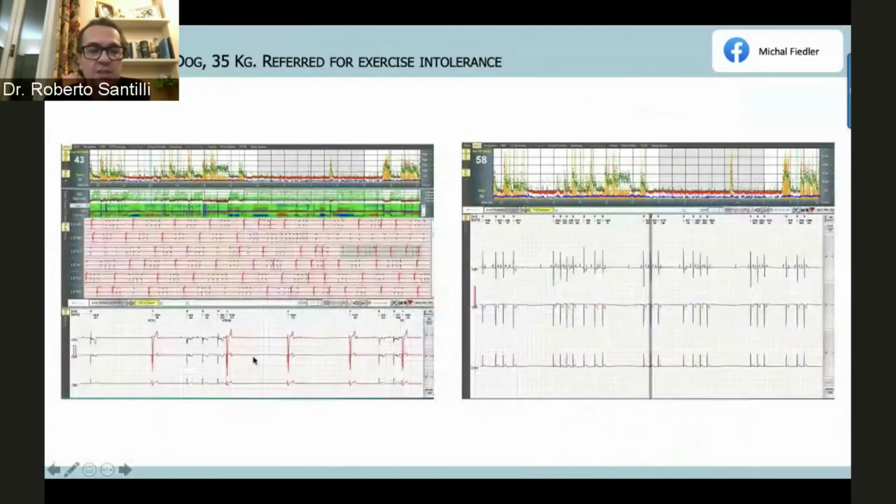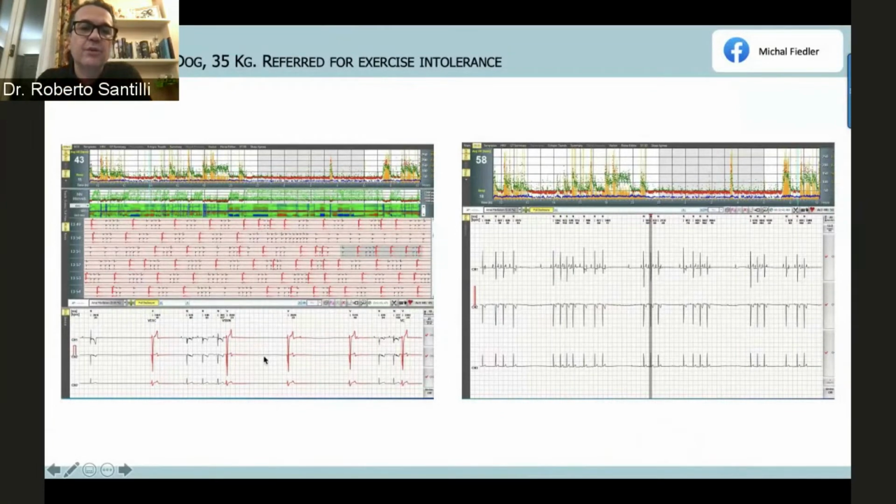We have found some cases where the underlying disorder is an overreactivity of either mainly the AV node, but also the sinus node, to the vagus. So it's an overreactivity to vagal stimulation, and this is called functional AV block.